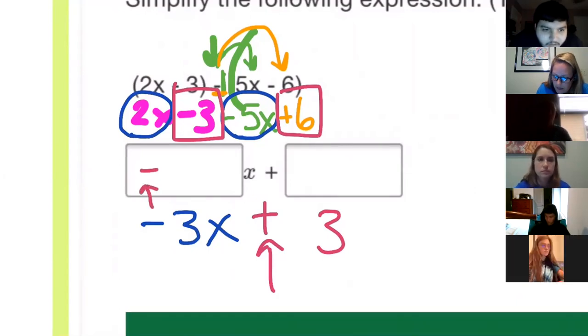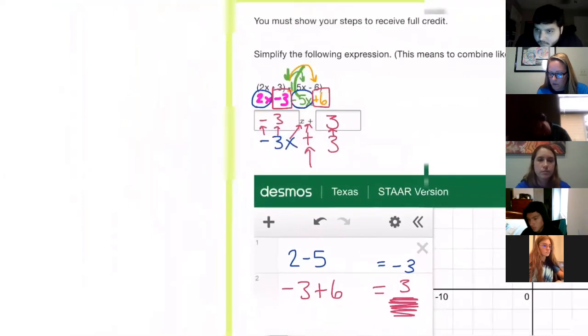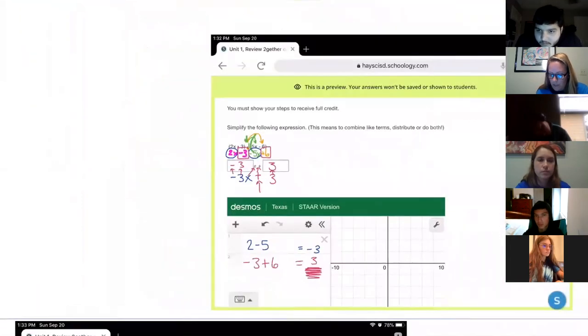Negative is right there, 3. And then X is already there, so don't type in an X. And positive is already there. And then our 3. So we're typing everything in. All right, so that is the next question and what you would type.